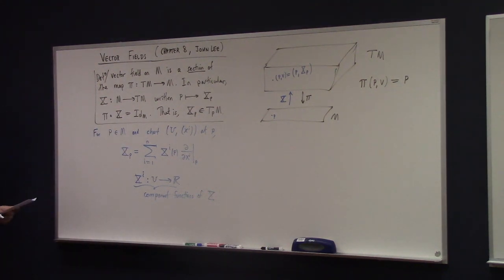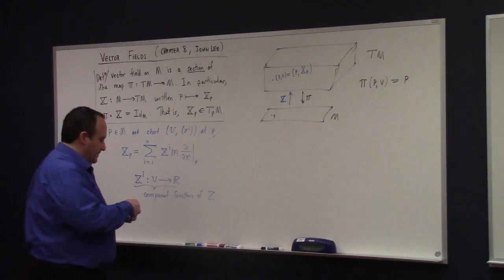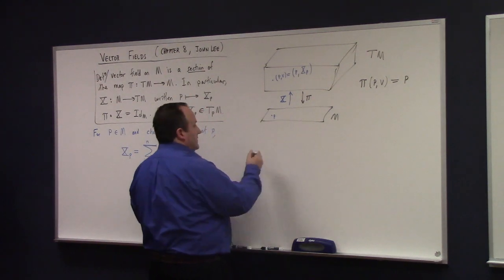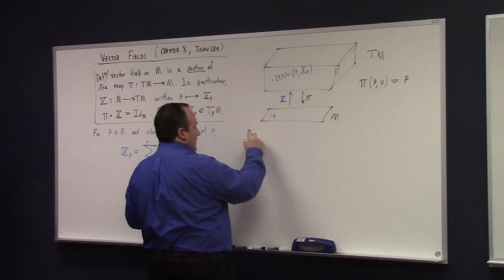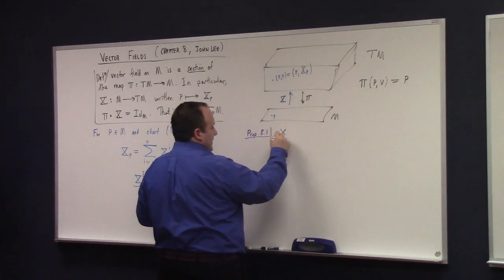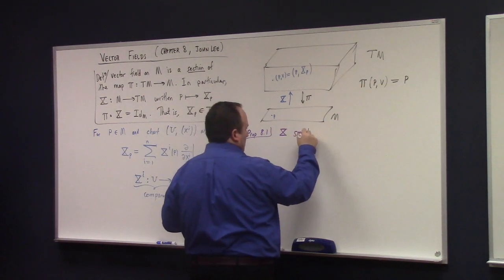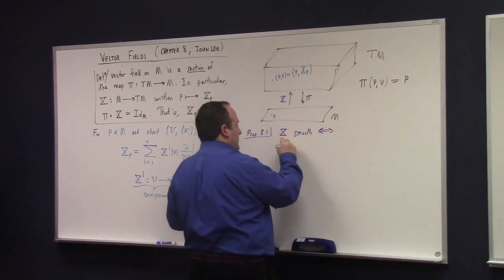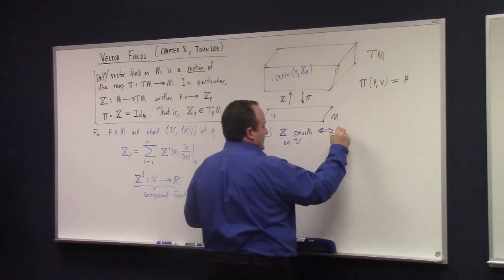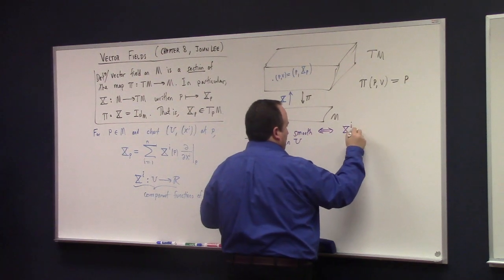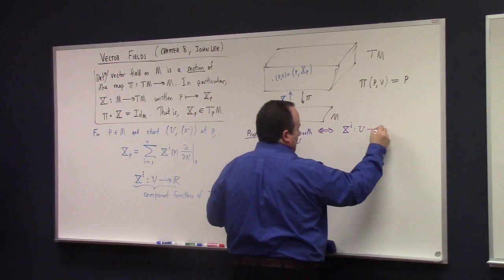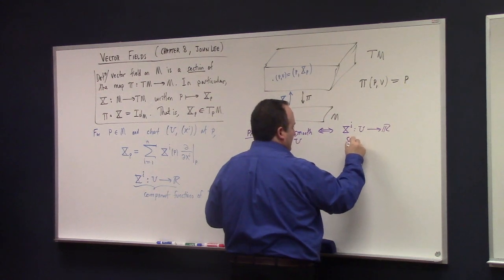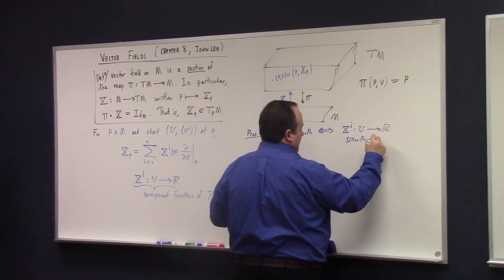Now, there's a proposition, Proposition 8.1, which says X is smooth, let's say smooth on U, if and only if X sub i is smooth for all i.